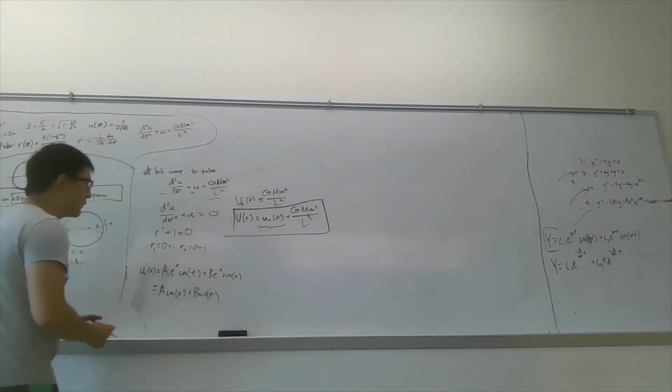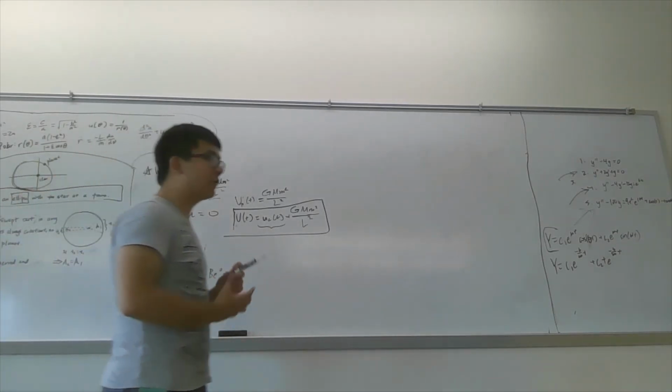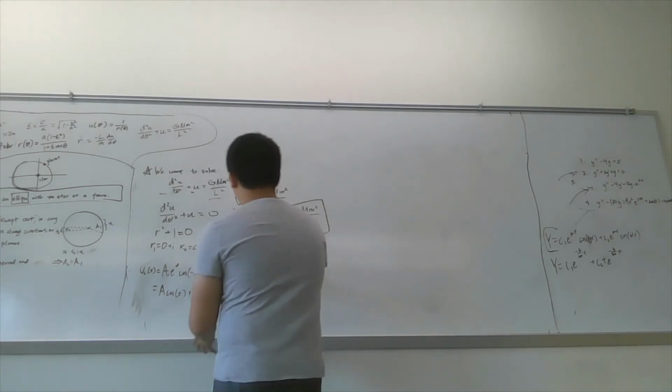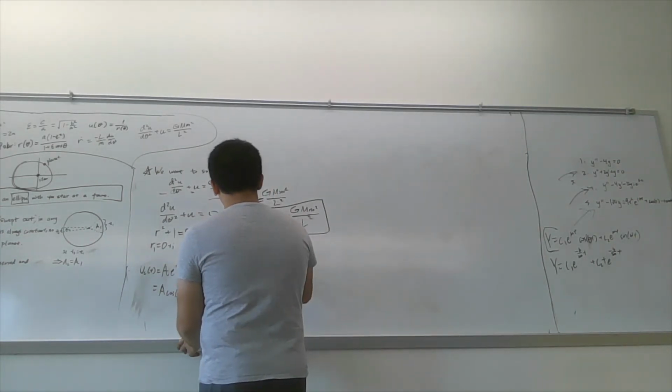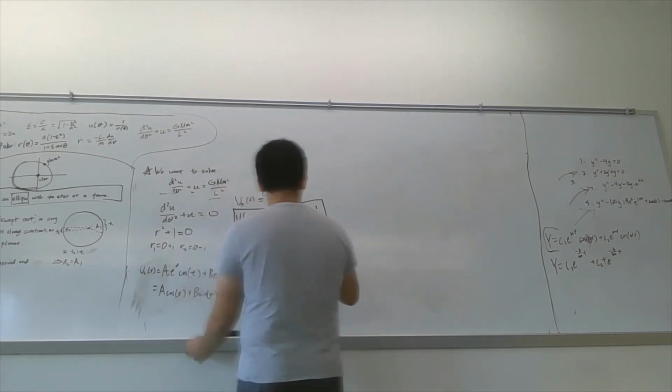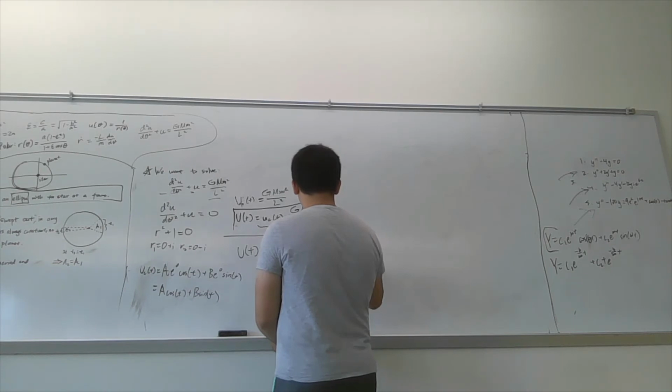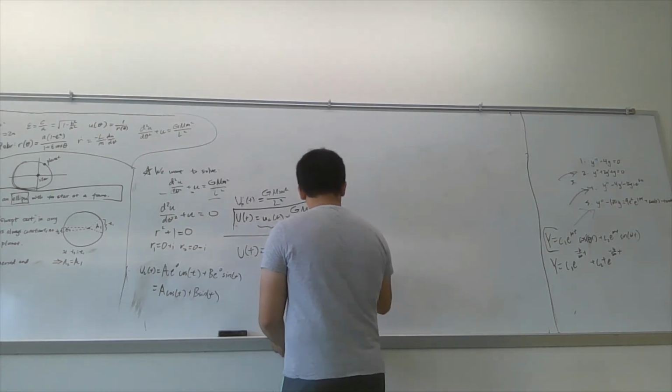So we'll just get that this is our general solution to our complementary equation, and therefore that's the general solution for u. It's just going to be this right here.